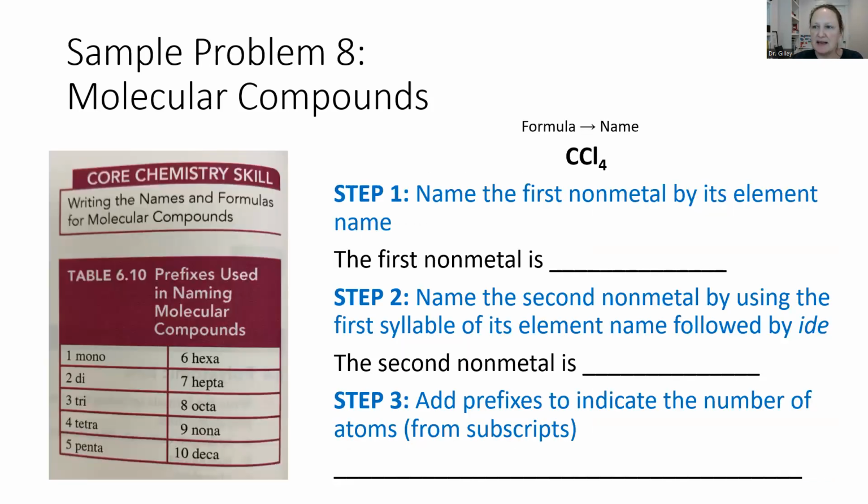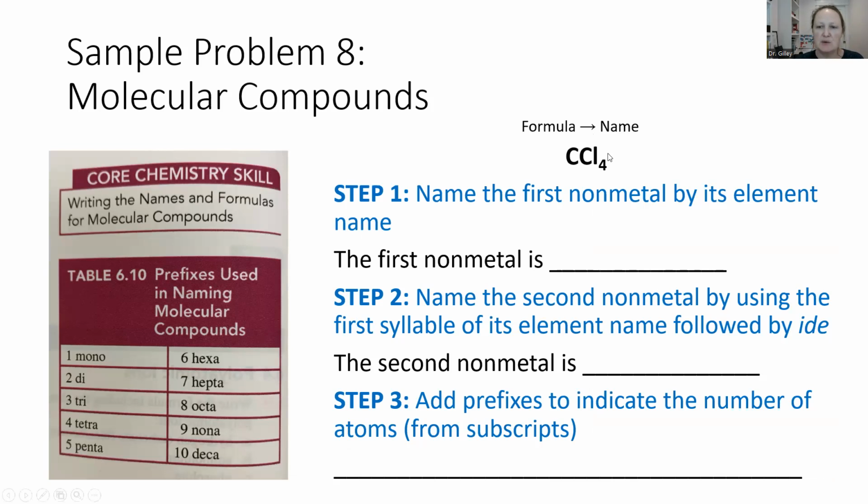Okay, let's look at some examples. So hopefully this will make a little bit more sense. So sample problem number 8 on molecular compounds. So we are doing a problem where we are starting with a formula and we are asked to write the name. So what we need to do is look at the symbol here and identify what the first nonmetal is and what the second nonmetal is.